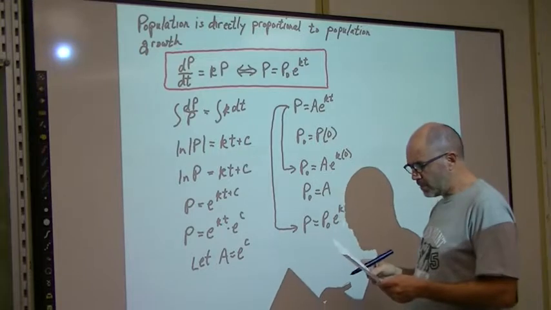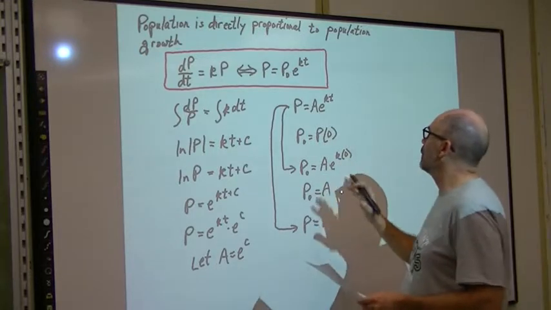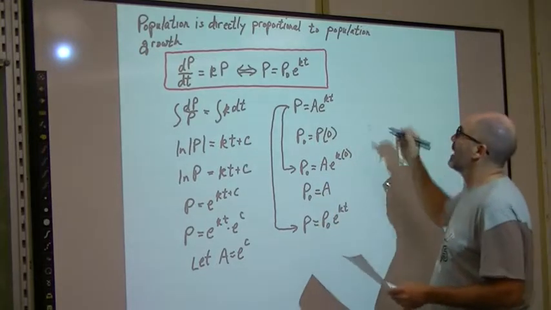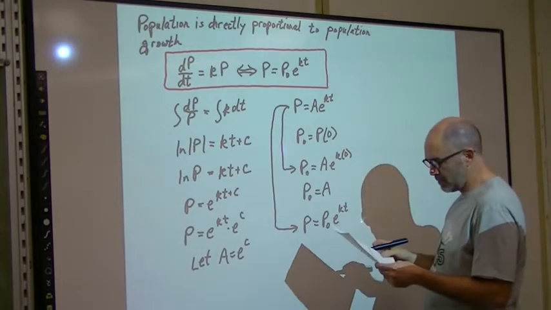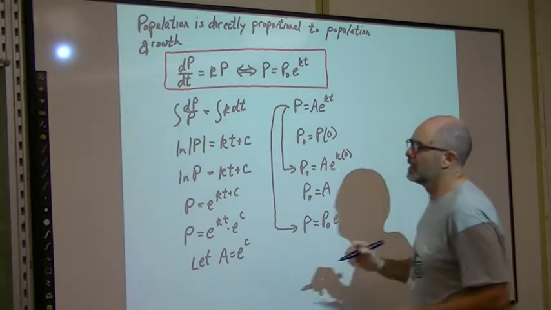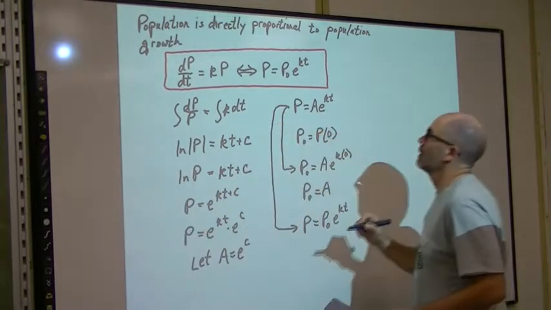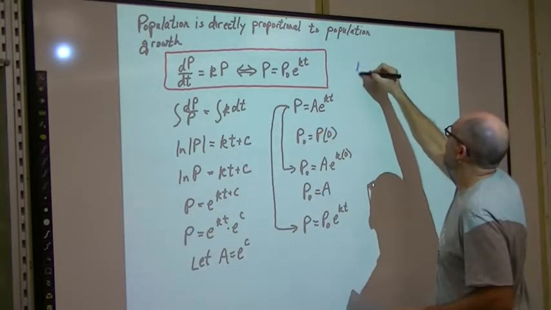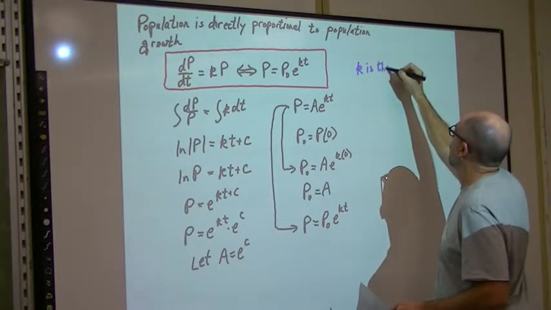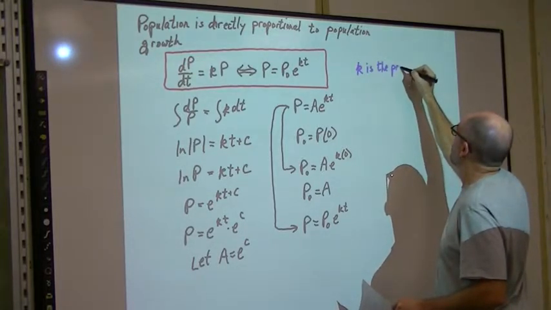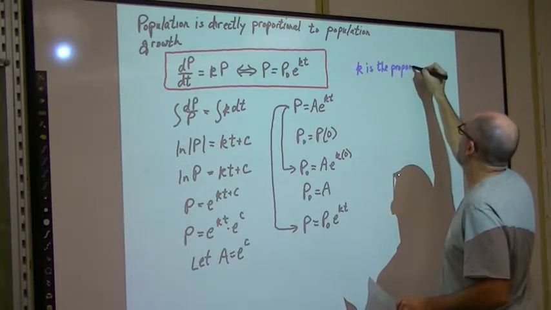Okay, now, let's look at a few other things here. k is called the proportionality constant.